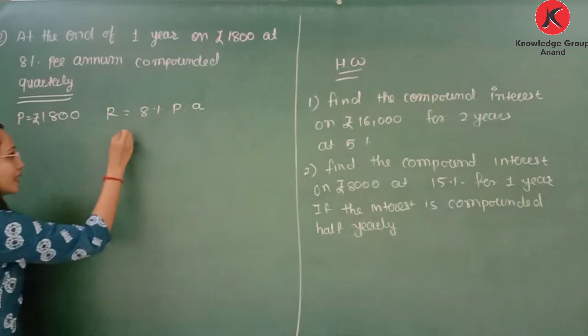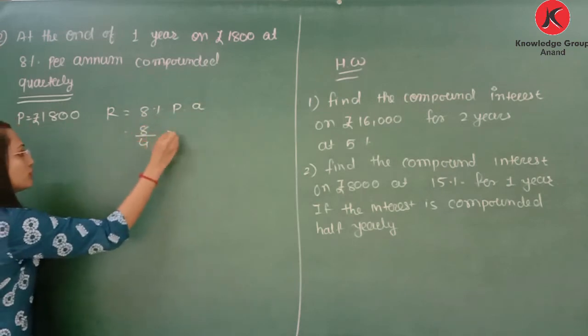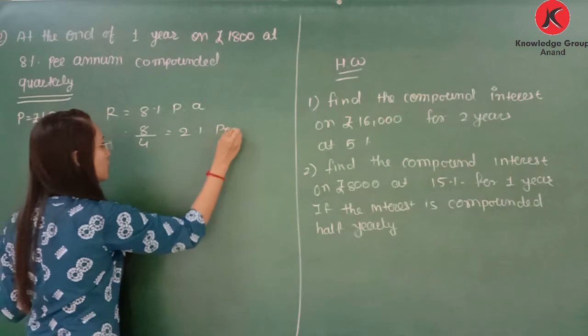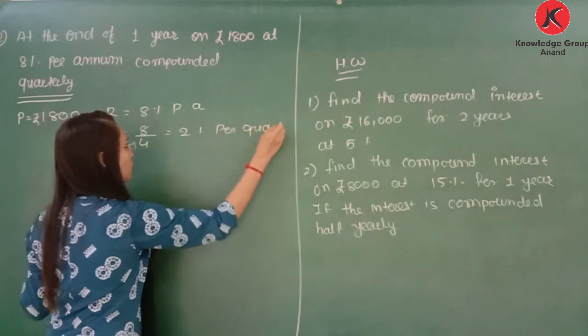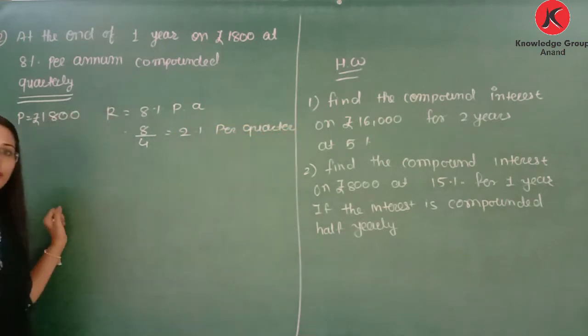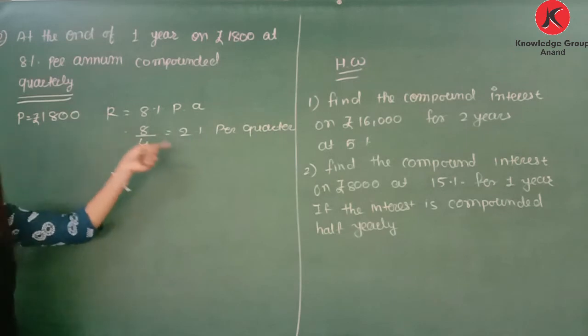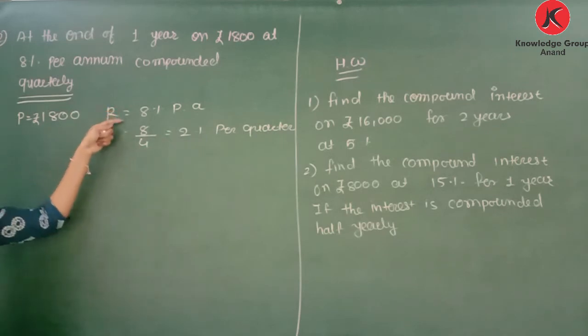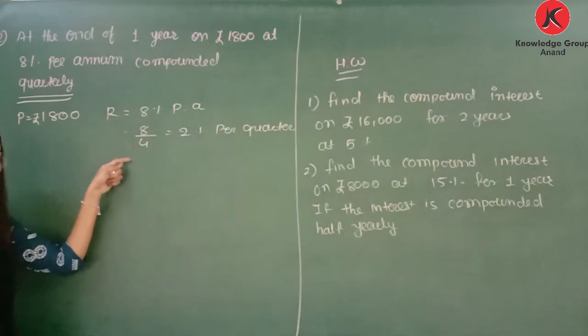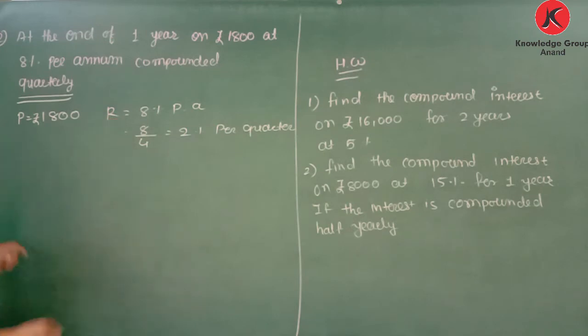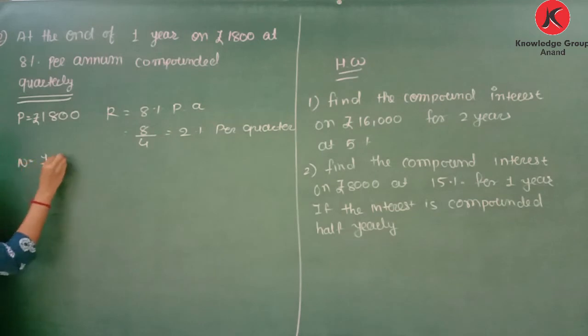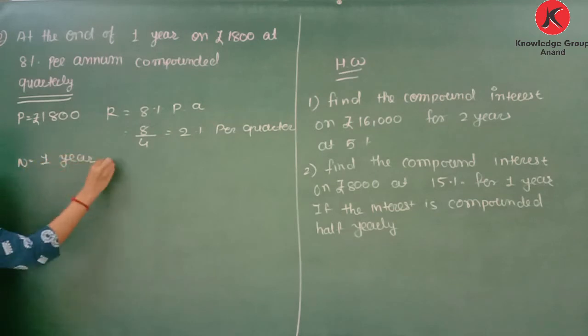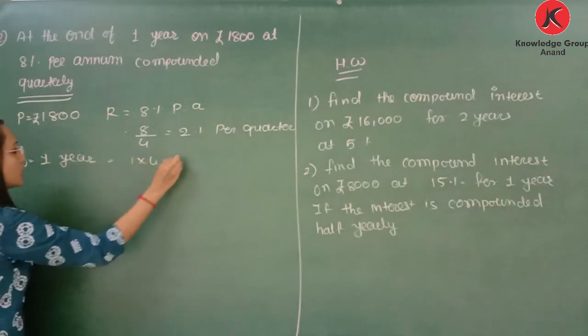So to find the quarterly it is divided by 4, that is 2% per quarter. This kind of question can be asked, what is the rate of interest, what is the time period. So whenever it is quarterly, then divide rate of interest by 4 and multiply N with 4. So N is 1 year, so it is 1 multiply 4, that is 4 quarters.